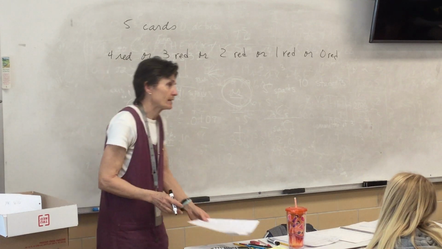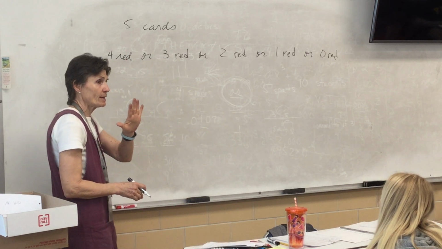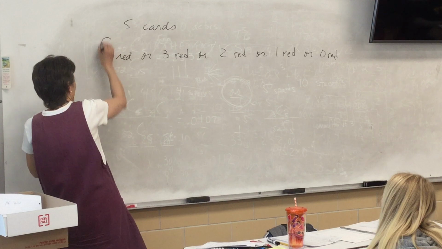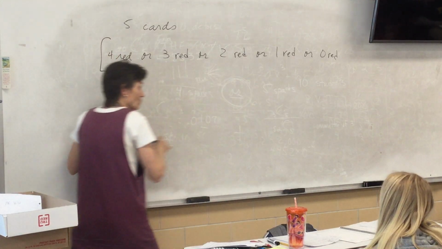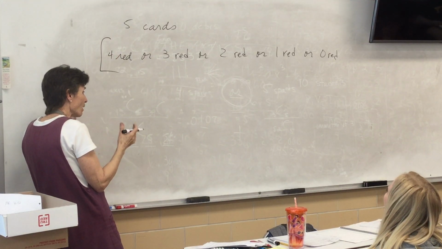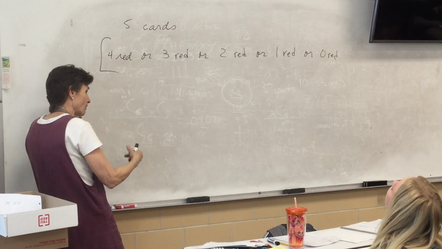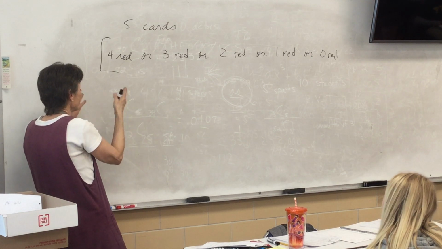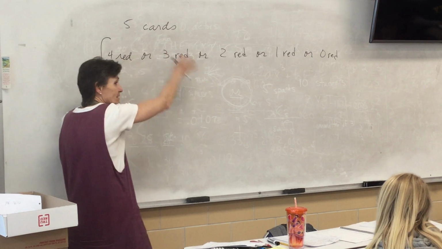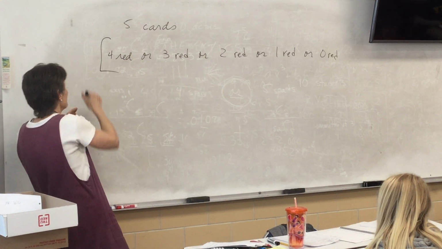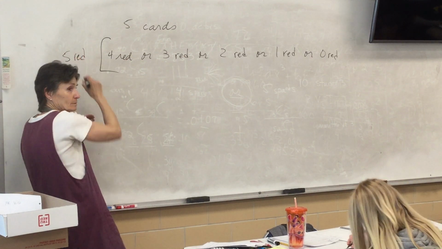Let's think about it for a second. There were 5 cards in the hand, right? All of this is what I want. If I dealt you 5 cards, what is the only other thing that could happen that's not in this? You could get 5 reds, right?